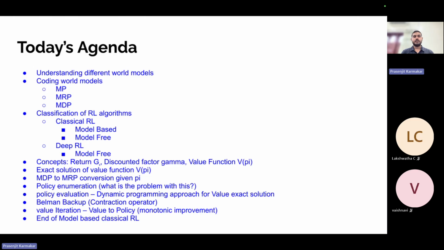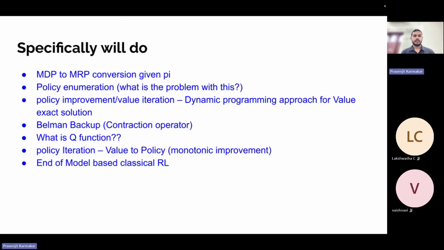Finally, we can solve MDPs in two ways. Assuming that we can evaluate a policy, we can look through all possible policies and rank the policies based on the value, right? Another way is to improve the policy with the value and basically solve it, right? So we'll quickly go over all the algorithms.